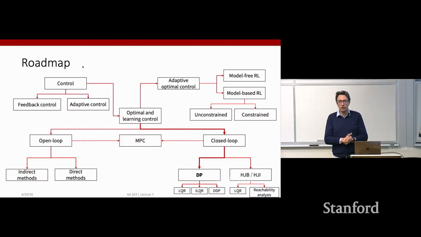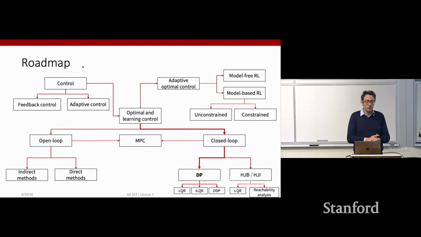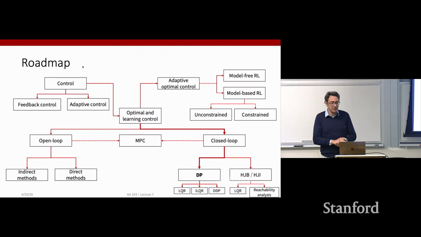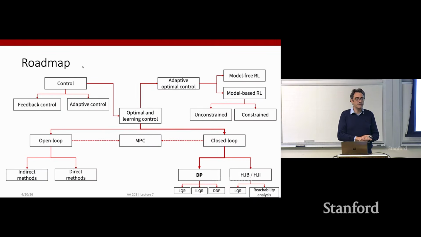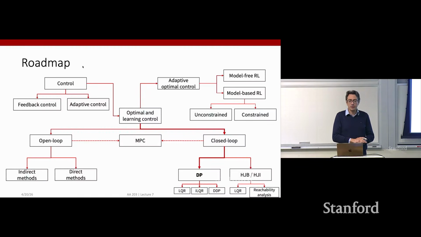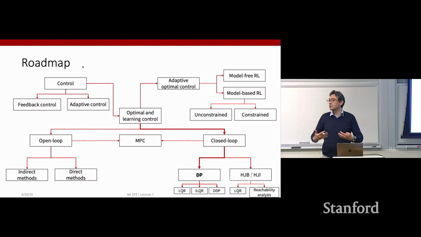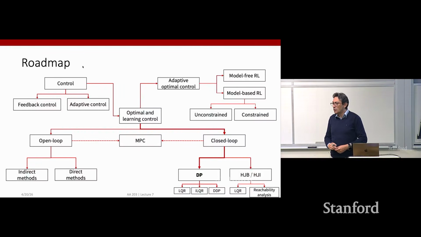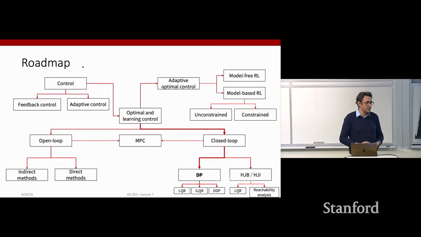So you might say, why should we bother about computing a closed loop control policy? Well, something that is not accounted for in our formulation, at least in our basic formulation, is the presence of disturbances or model mismatches. So even though mathematically the problem that we are solving does not involve any disturbances or model mismatches, in practice, of course, when you deploy these control laws or optimal control sequences, you're controlling a system whose underlying dynamical model is different from the one that you have used for control design.